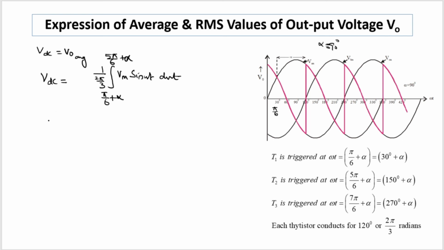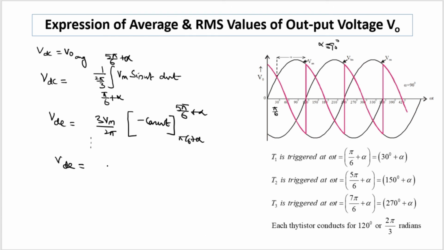So VDC is 3 Vm upon 2 pi, and it is minus cos omega t. The limit is pi by 6 plus alpha to 5 pi by 6 plus alpha. So after putting down these limits, you will have to do the mathematical calculation in between.